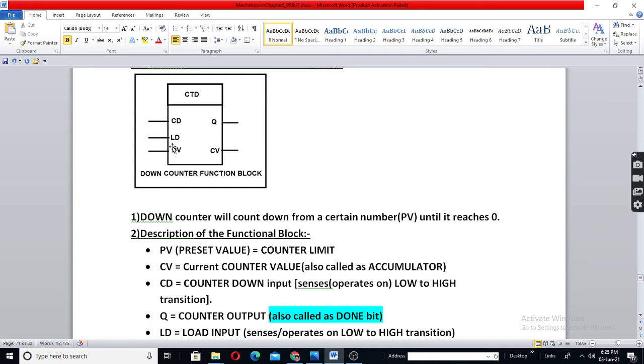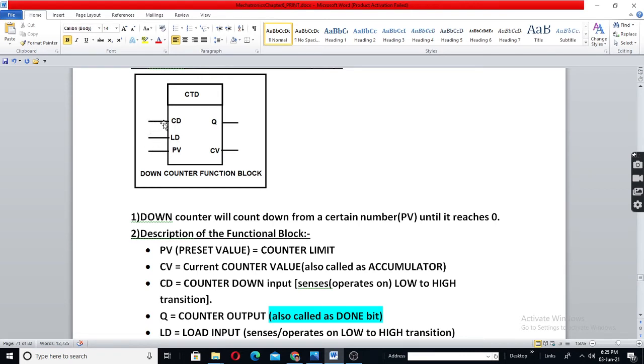In an up counter, CV will be loaded by 0, as we have just seen. In a down counter, CV will be loaded by PV. Then after disabling load, means you should not give another pulse. Load can be high or low, no problem.